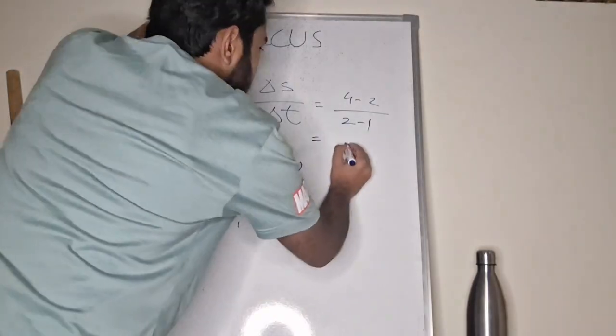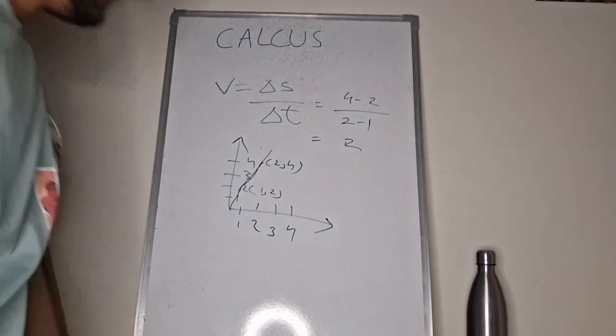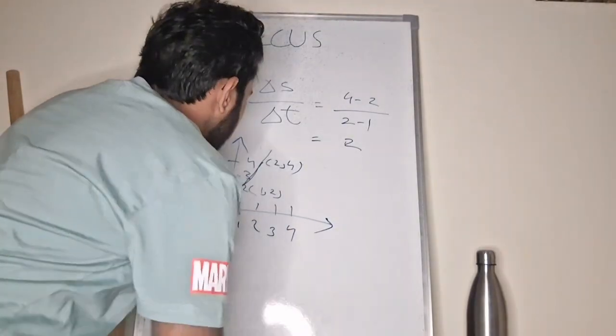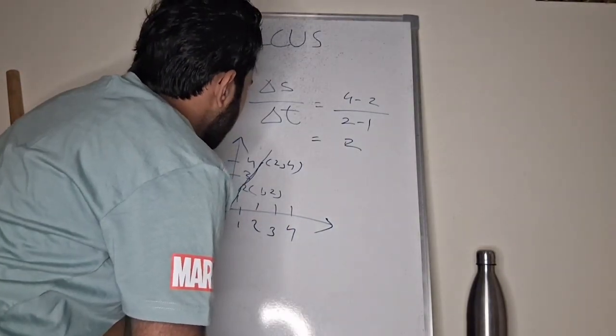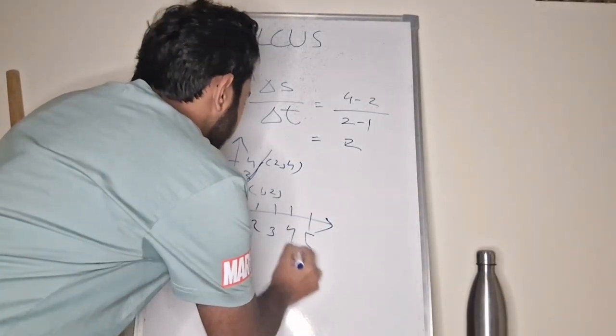Sorry, my processing is quite slow. So it will be 2, right? And let's say we extend this at time 5.